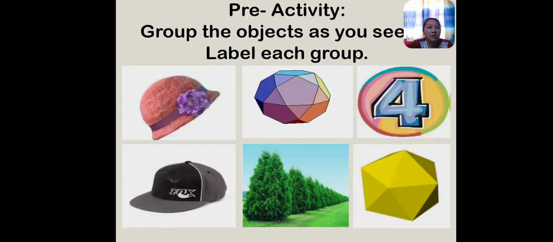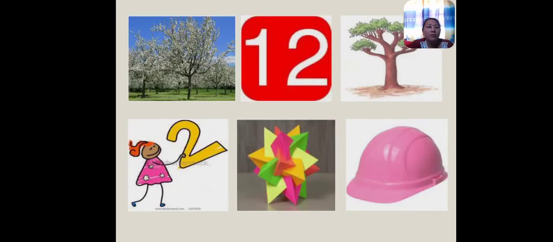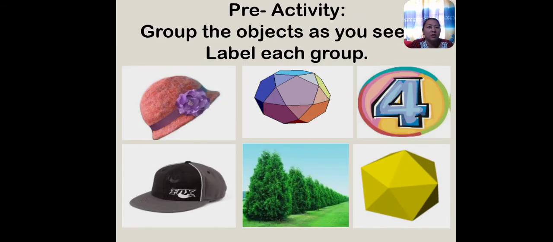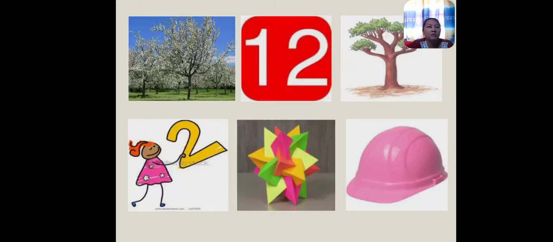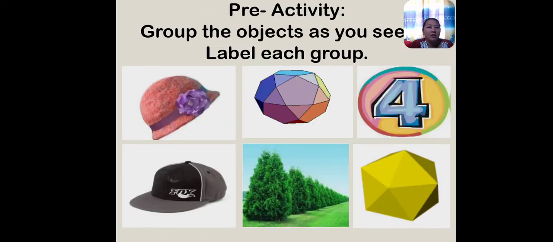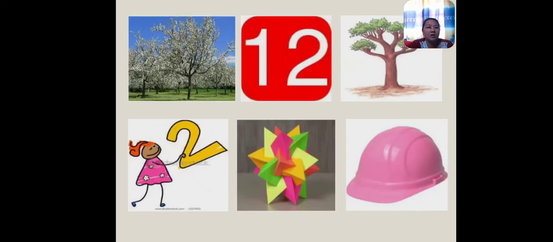There are three. And then there is a group of numbers. What are those numbers? We have 4, 12, and 2. Another group is the group of trees.